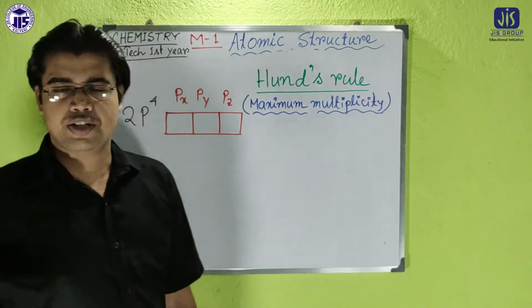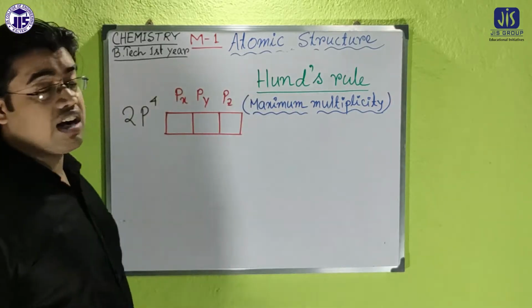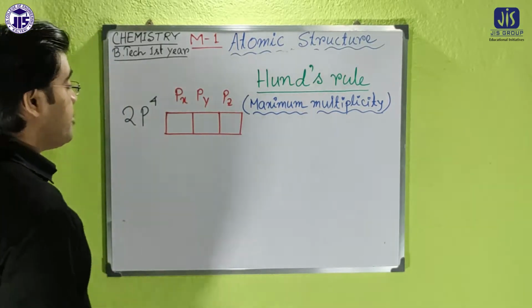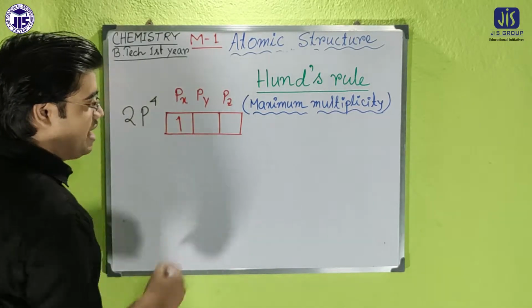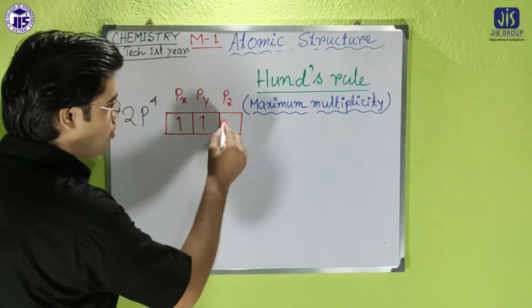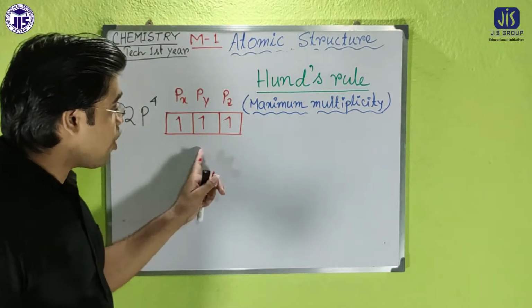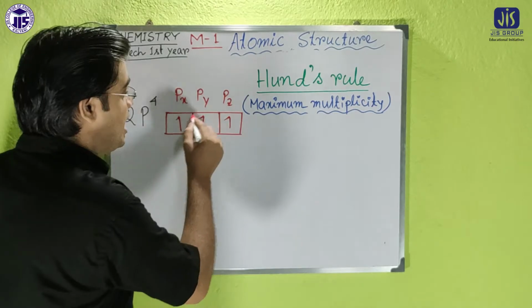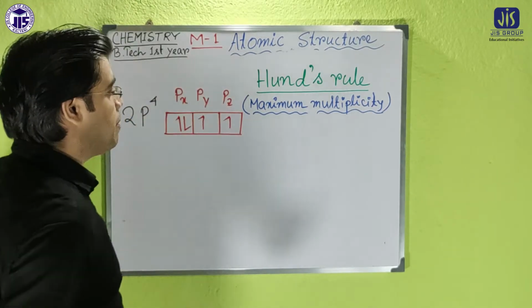We already discussed this in the previous class. So if px, py, pz are the orbitals, then according to Hund's rule, the electrons will pair only when all the orbitals of the subshell are singly occupied with the same spin.